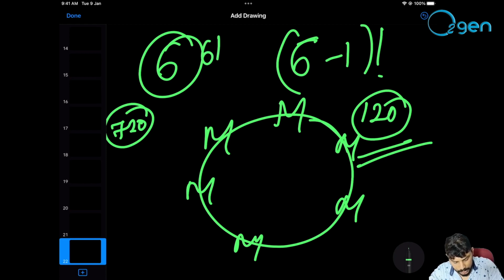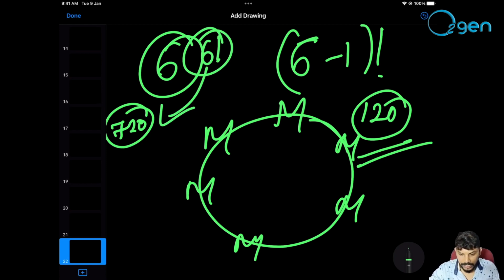It should not equal 6 factorial, 720. It should equal 6 minus 1 factorial, so it is equal to 120.